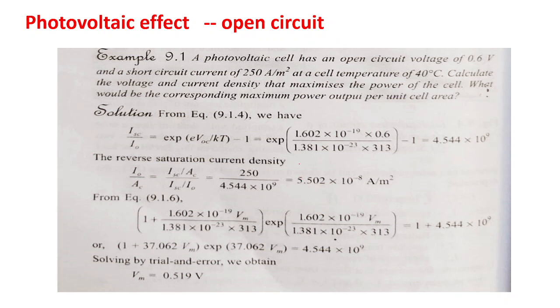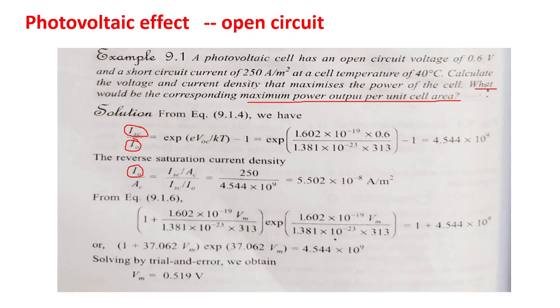There is another example which asks to calculate the maximum power output per unit of cell area. For its calculation we again need the current value at saturation and the short circuit current value, and based on this we will calculate the reverse saturation current density.